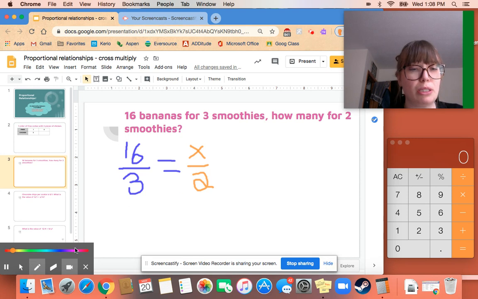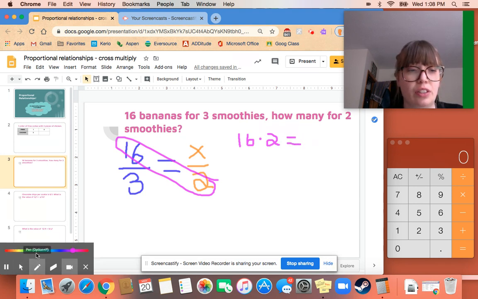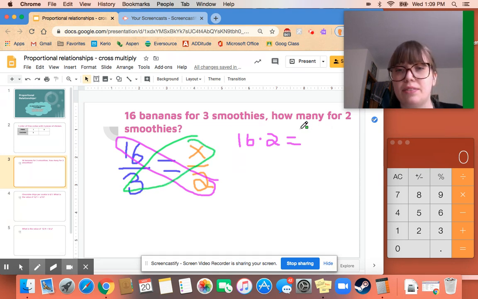Now let's cross multiply. 16 times 2 is going to be equal to 3 times x. Sorry, my drawings are a little bit all over.